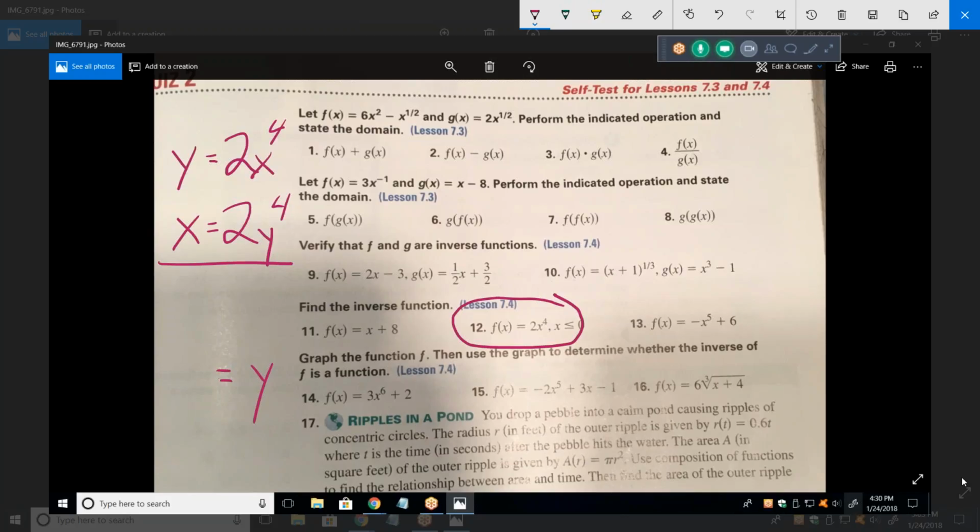Correct. It's not being added. It's not dividing. It's multiplying. So what do I have to do to get rid of it? Divide it. Okay, so I got to divide both sides by 2. Okay, that got rid of the 2 over there and leaves me with y to the 4th equals x over 2.